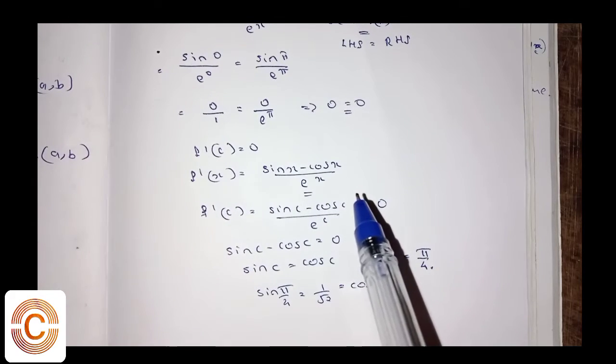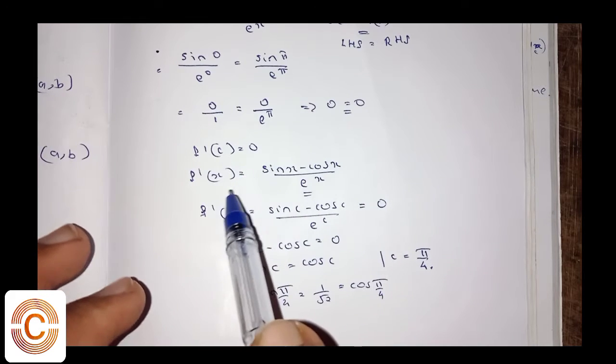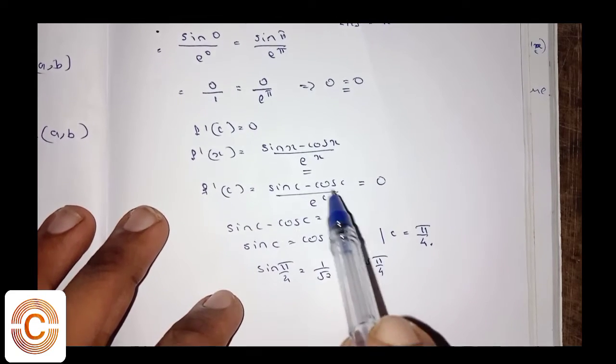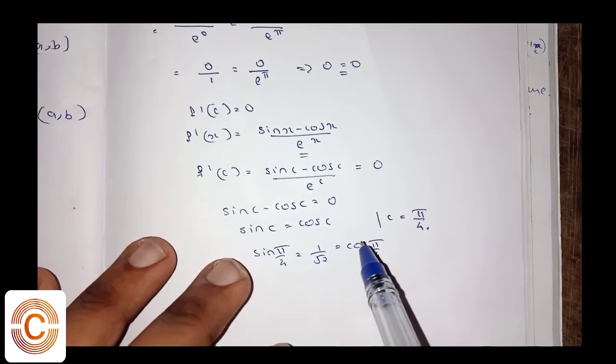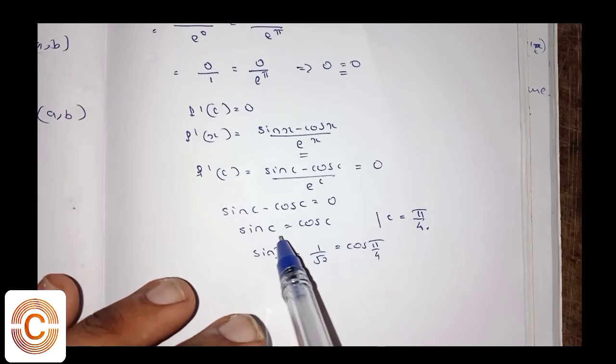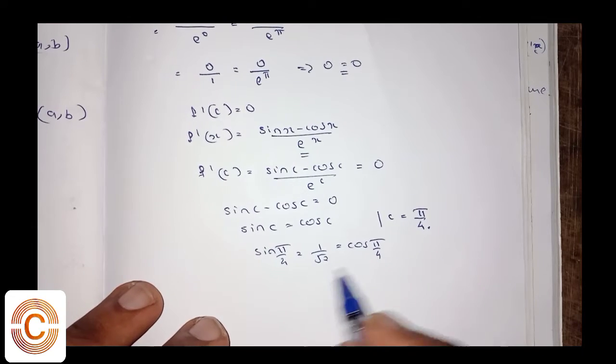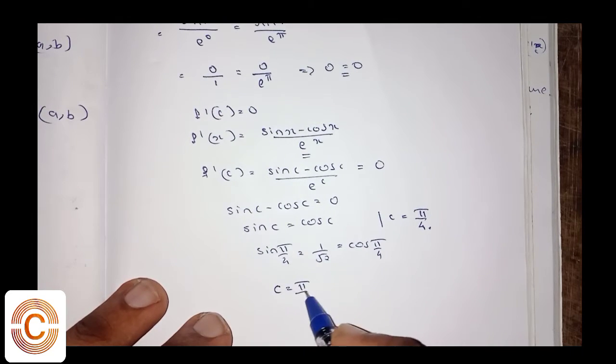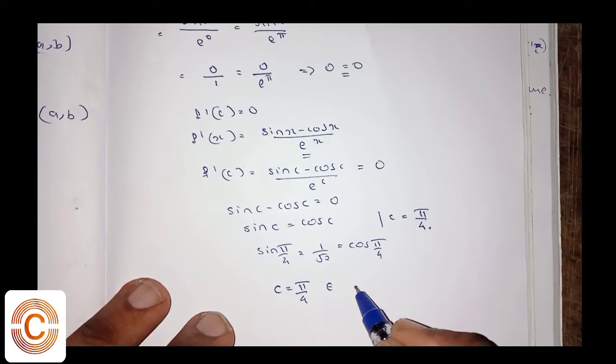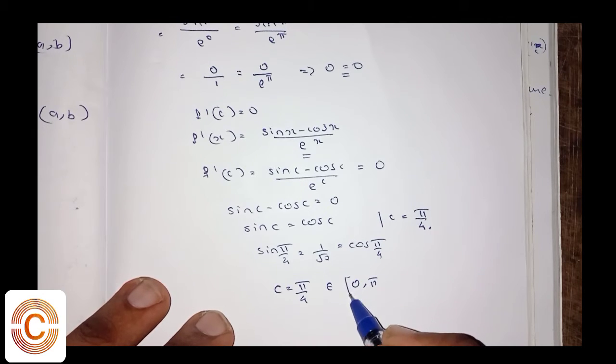When replacing x by c, after some calculations we find the point c in the given interval, that is, c is equal to pi by 4, which also belongs to the given interval 0 comma pi.